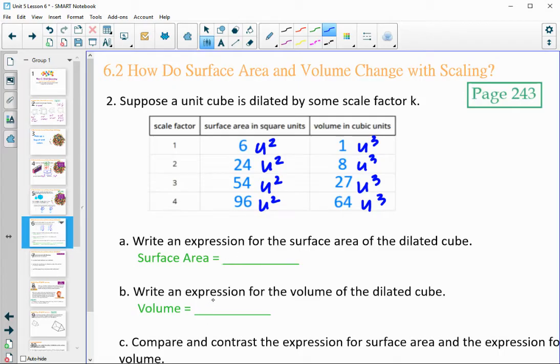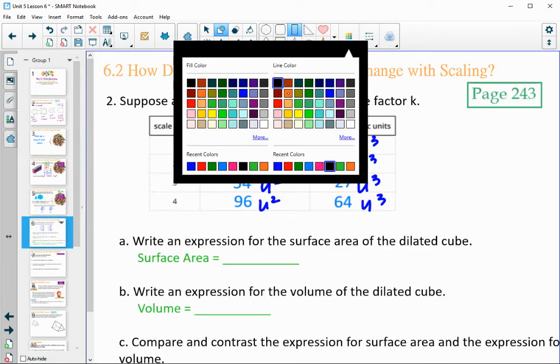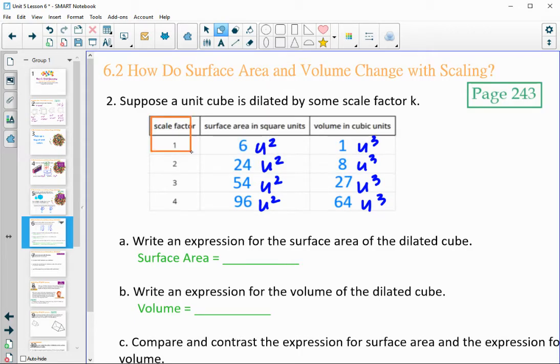And then can you see a pattern for the volume? Try to compare it to the scale factor, thinking of if you could just call the scale factor K, how would you get this one? How would you get this one?